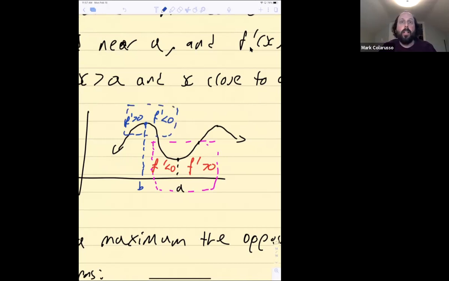We take a snapshot, right? The function switches from increasing to decreasing as you move across the maximum. And the same thing happens at this other relative max here. You switch from a positive derivative to a negative first derivative as you move across the maximum.